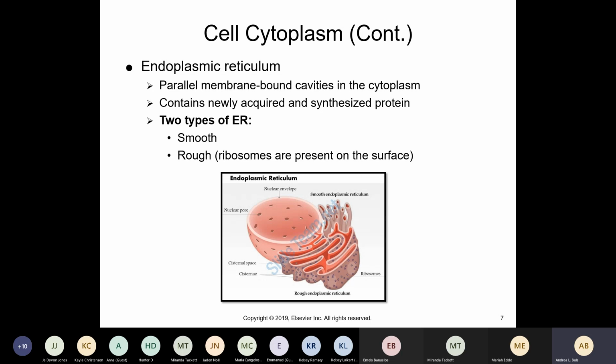There are 2 types. There is smooth, which is on the top; you can see it doesn't have the little dots on it. And there's rough, and rough is rough because it has these little dots, and each one of those dots is a ribosome. Ribosomes are very important in protein production. So the endoplasmic reticulum is either smooth or rough, and the rough is covered with those ribosomes.